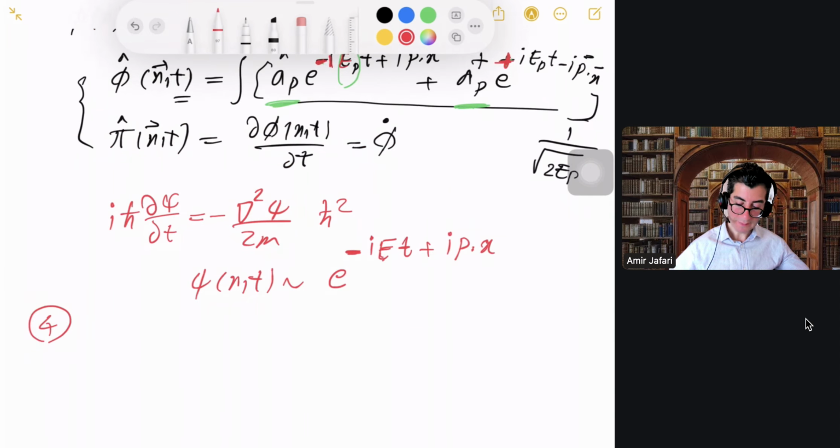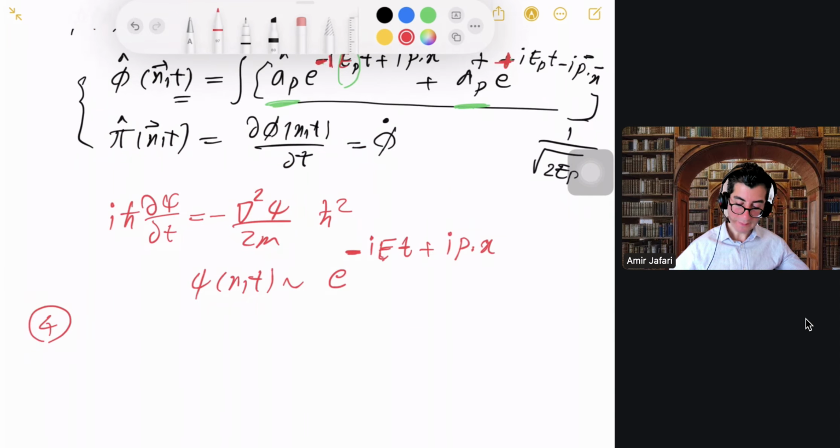I wrote down c and ħ here on purpose, just to show you the full expression, but otherwise I don't write them because it's natural units. You have to recover ħ and c. But the point is that when you try to get the non-relativistic regime from the Klein-Gordon equation, you can use this ansatz.